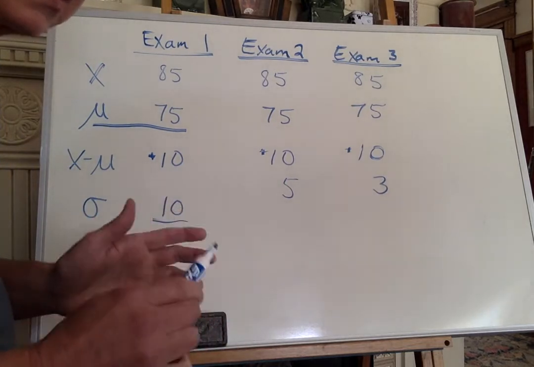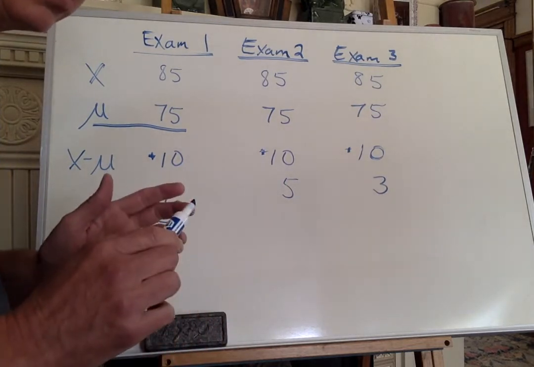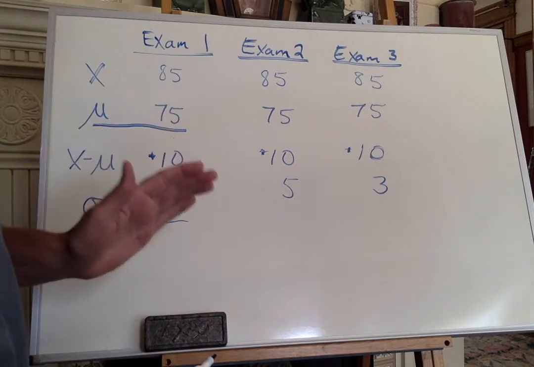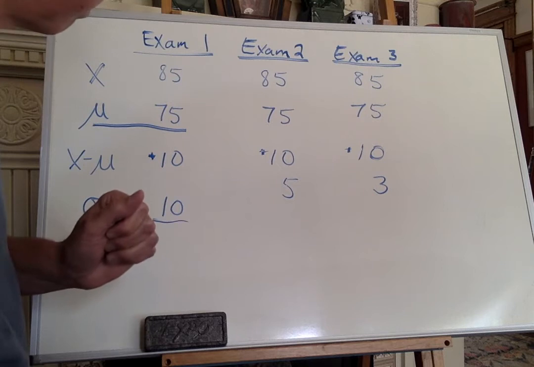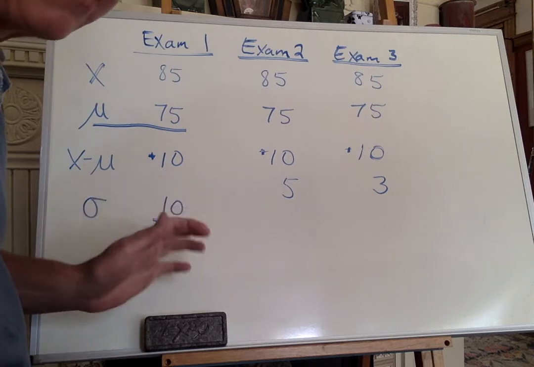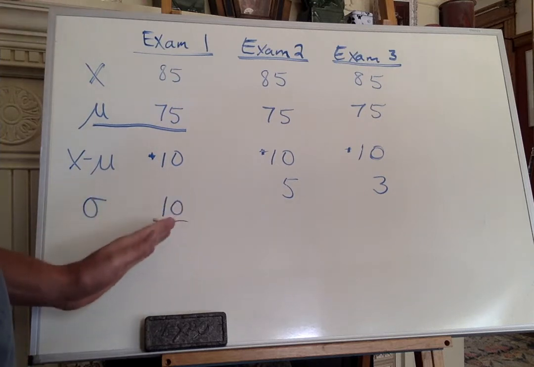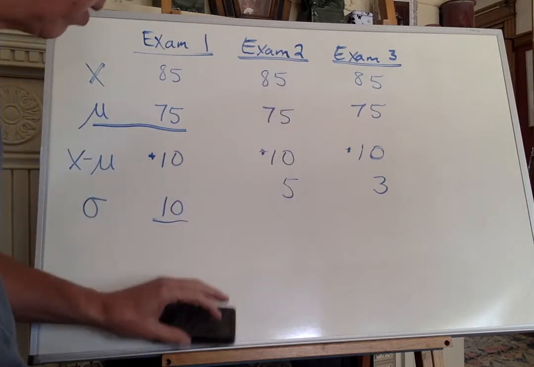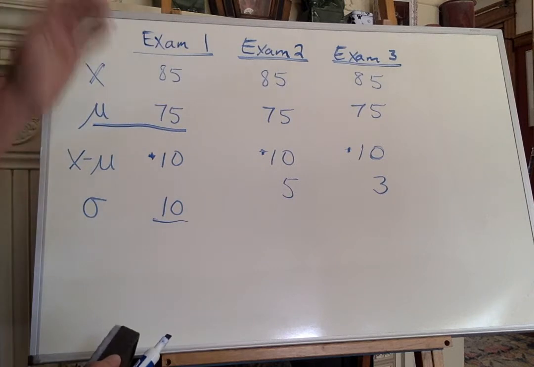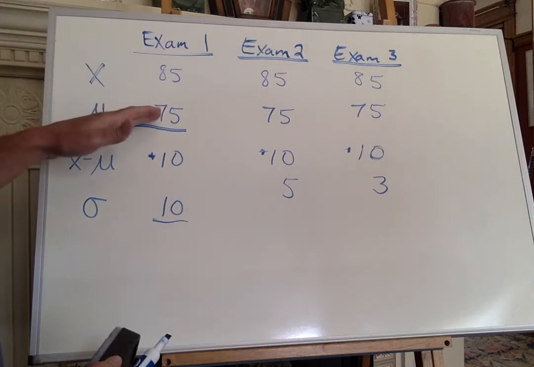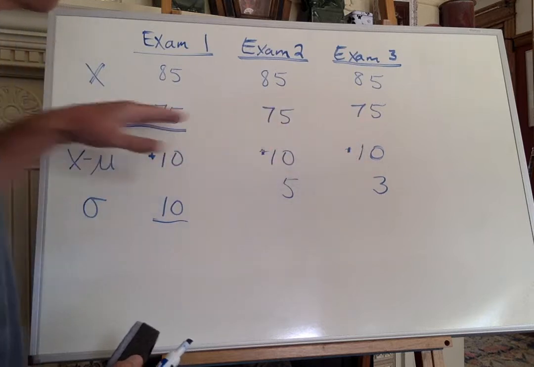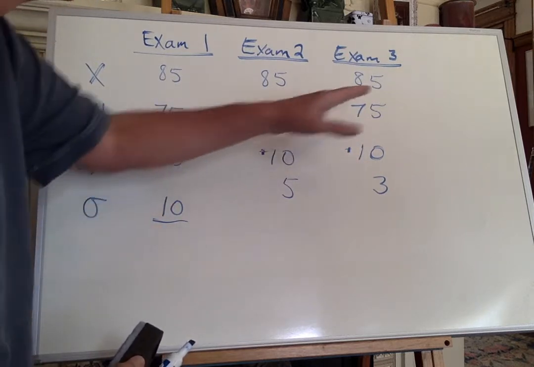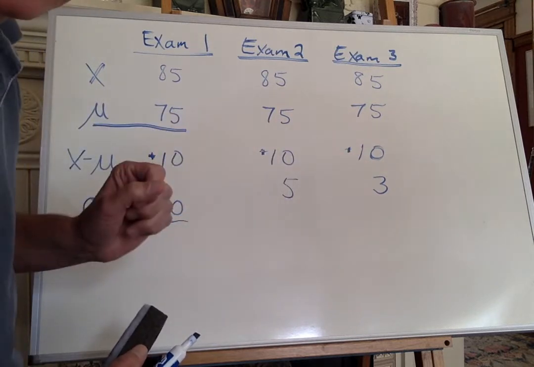And I hope that you can imagine what this looks like in a graphic representation. So for the sake of simplicity and to try to drive home the point, I'm going to consider exam 1 and exam 3, because I want to make a graph of what these look like. The mean is 75 for each of these, and then one of the distributions has a standard deviation of 10, the other one has a standard deviation of 3.